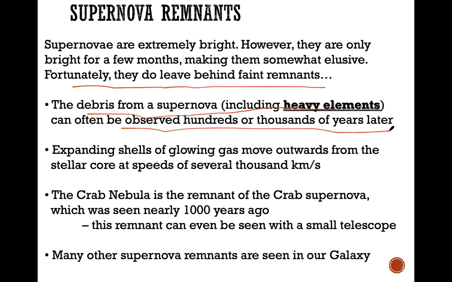So even though supernovas are rare and last for only a few months, after the supernova explosion, the debris can be observed for thousands of years. Even after 1,000 years, you can observe those, right?